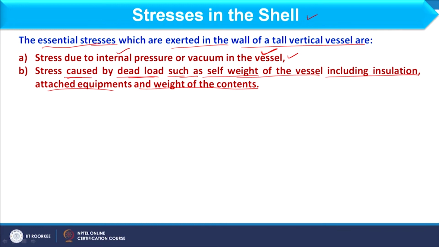If I consider the dead load of the equipment, it means if I consider the equipment only, let's say it is having only shell as well as head. This shell and head will have some load, and because of this some stresses will be generated in the shell. Along with this, if we have different equipment, let us say a distillation column, inside the column either packing or plates will be there.